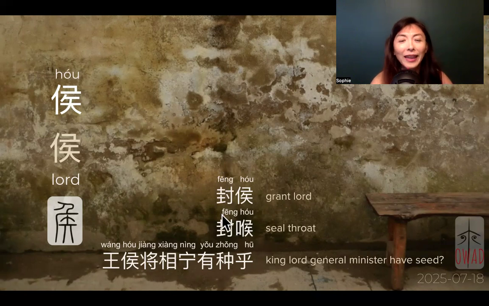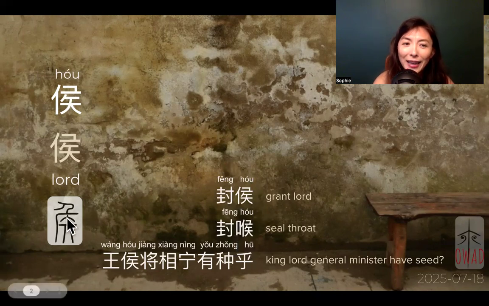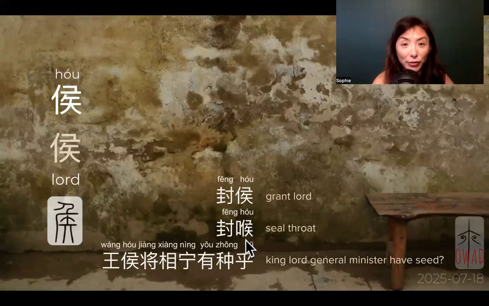封侯, the exact same pronunciation, except the hou here. The same feng, right? One means grant, the other means seal, and then we have a mouse symbol there. So this person standing at the arrow's end, plus the mouse symbol means throat.